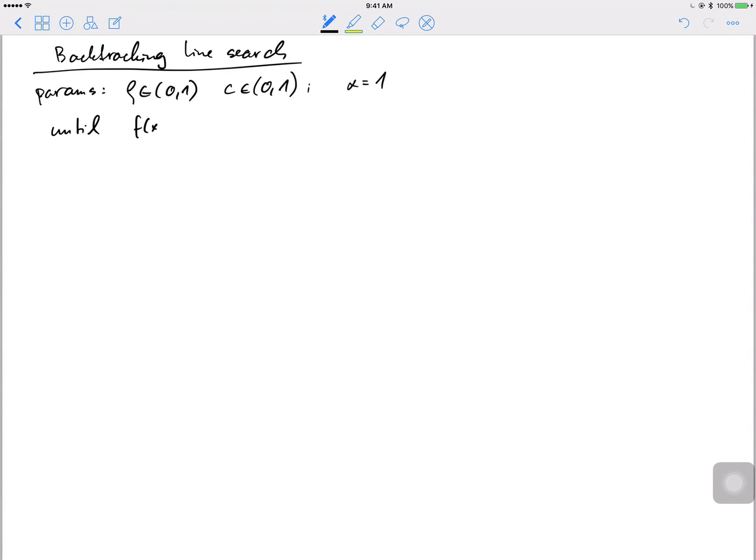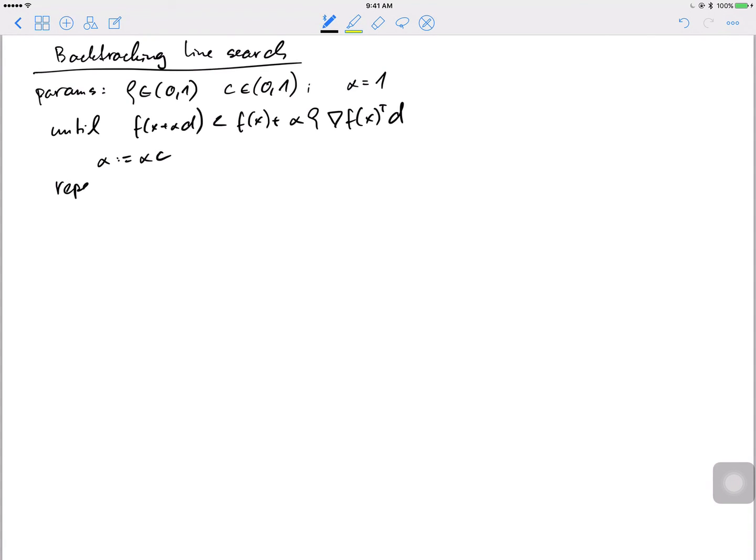Until f(x + alpha d) is below f(x) plus, and here is your step size parameter, here is the tweaking parameter rho, and here is the dot product between the gradient and the descent direction. Okay? So until this is satisfied, you are going to take alpha and multiply it by c. Okay?